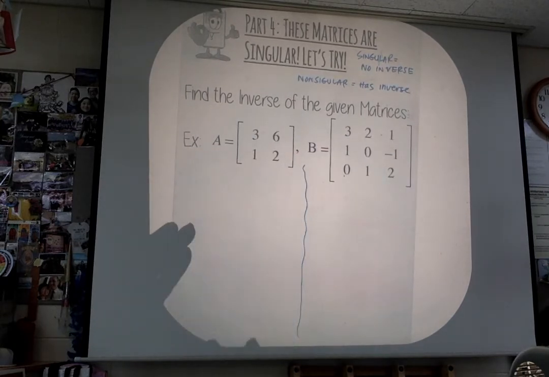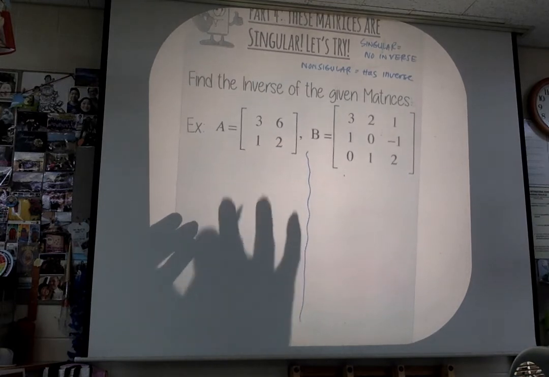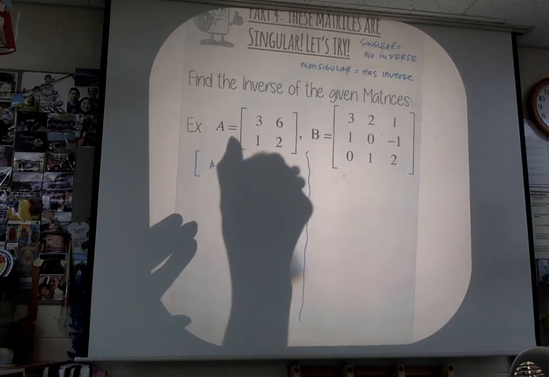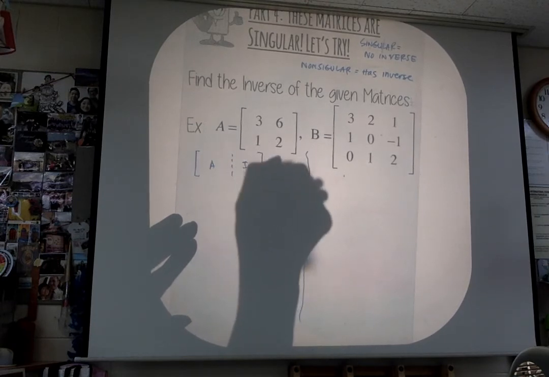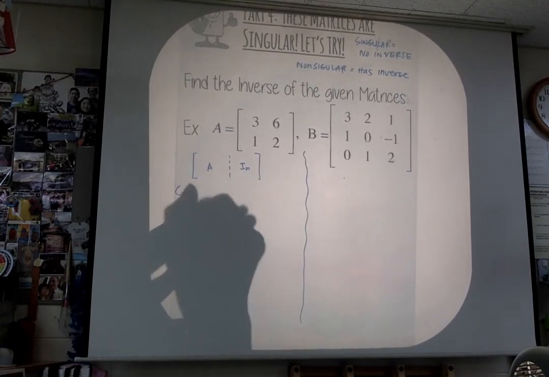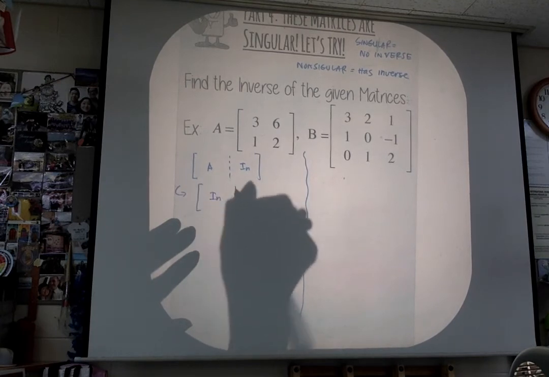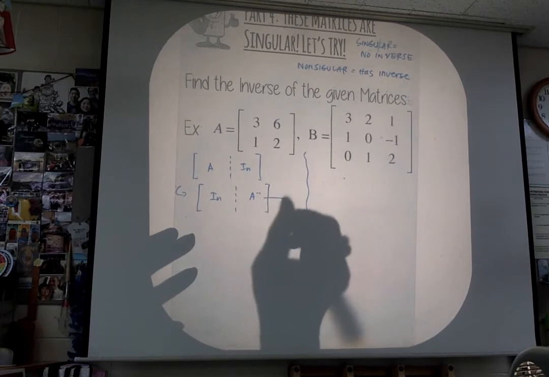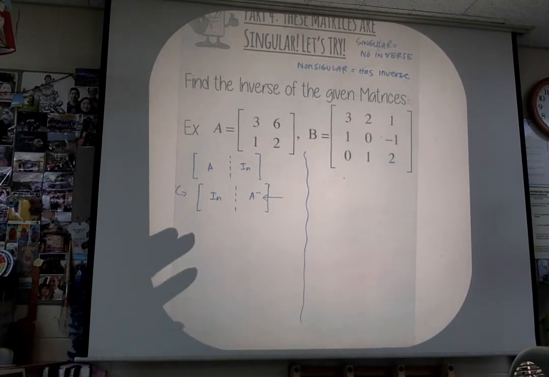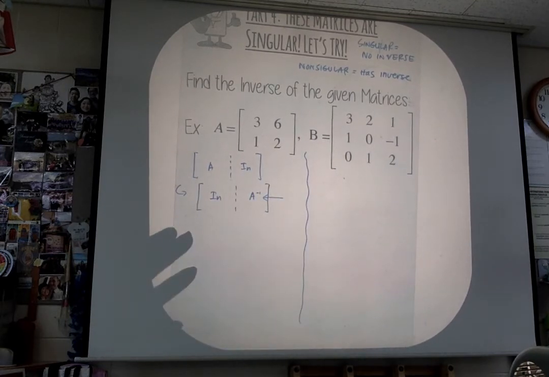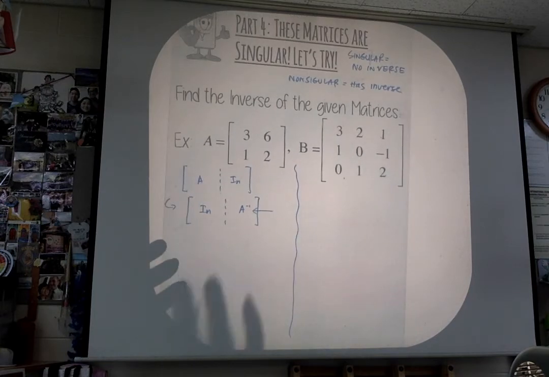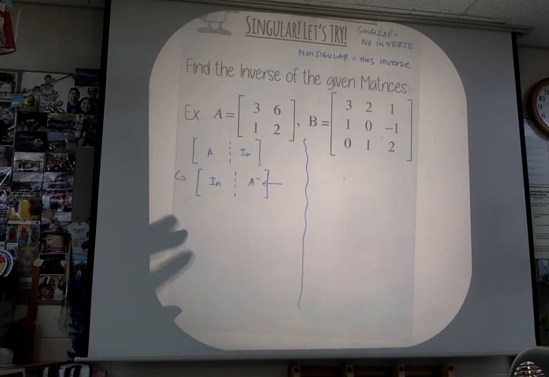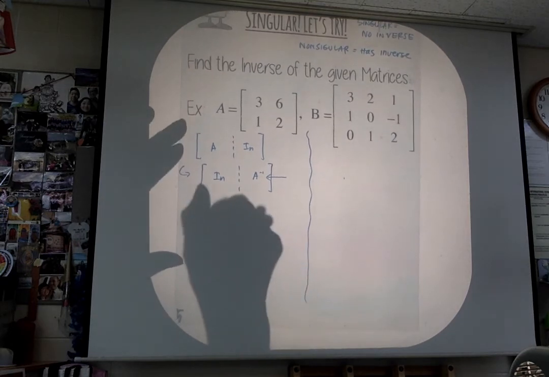We have A, and then we have the identity matrix. We're going to have to switch it to the identity matrix on the left side, and then our inverse goes here. Now, if this cannot be done, then you know it's a singular matrix. If it can be done, you know for sure that it does have an inverse, so it's non-singular, okay?